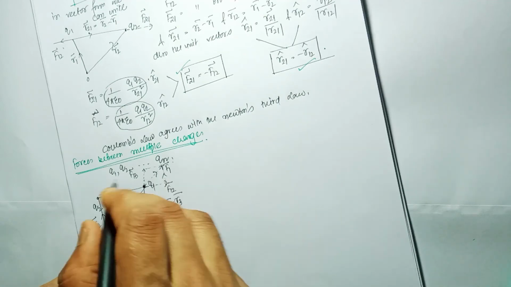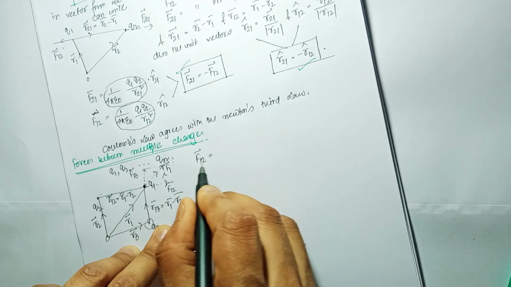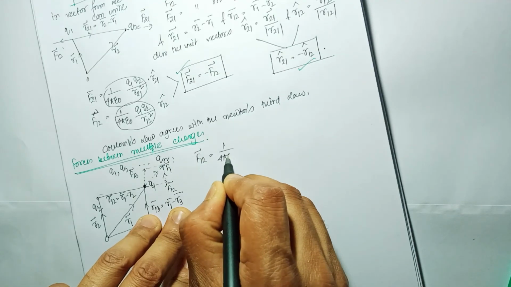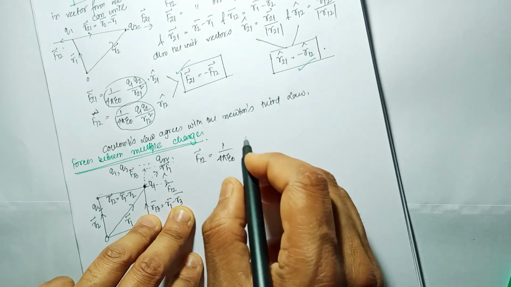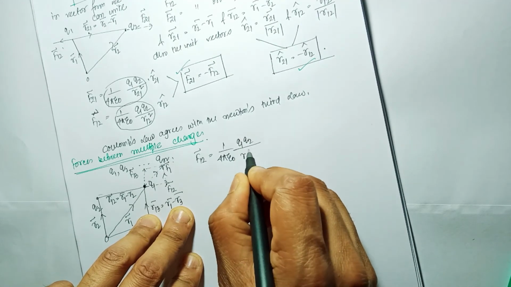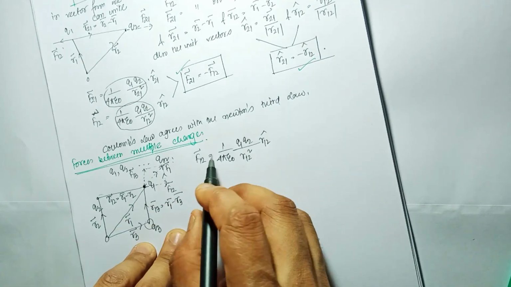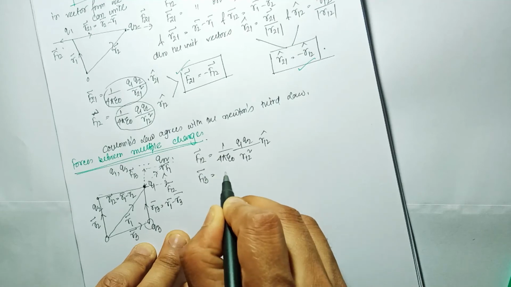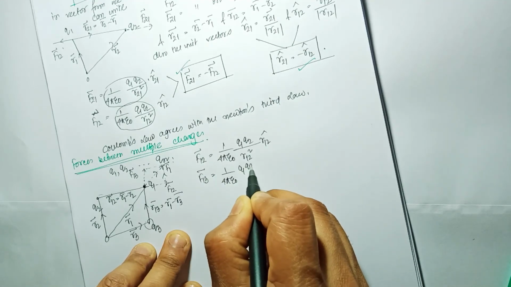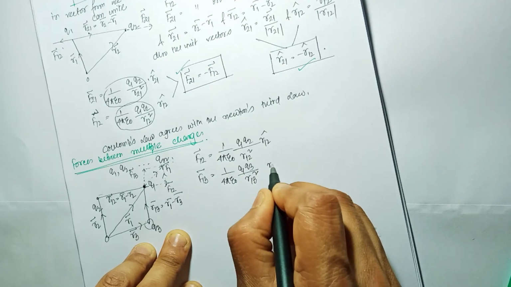So again, like before, we write F12 vector, the force on Q1 due to Q2, is 1 by 4 pi epsilon naught times Q1 Q2 divided by R12 square times R12 cap. Similarly, F13 will be 1 by 4 pi epsilon naught Q1 Q3 divided by R13 square times R13 cap.